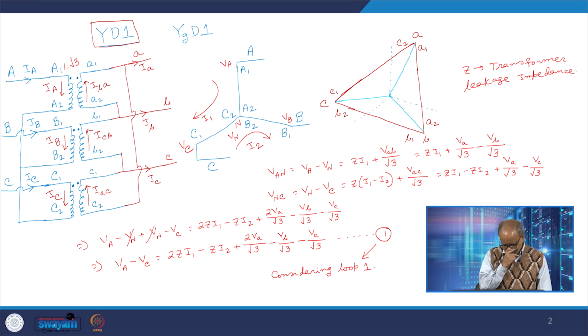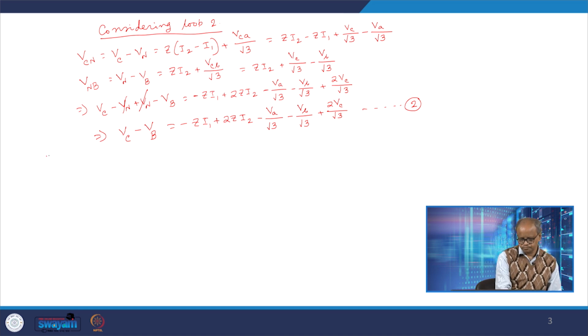To do that, we first multiply the first equation by 2 and then add it to the second equation. So now 2 into 1 plus 2.